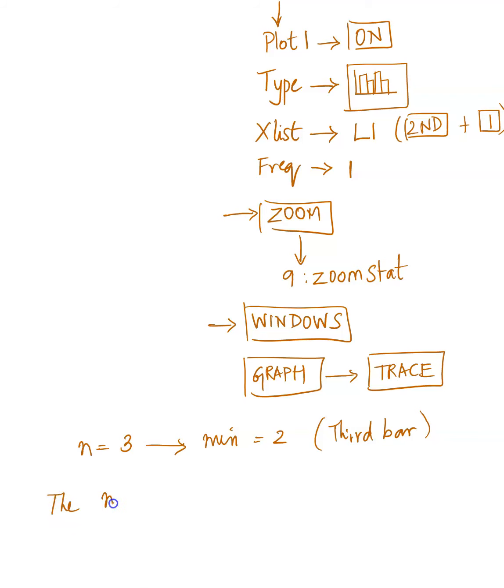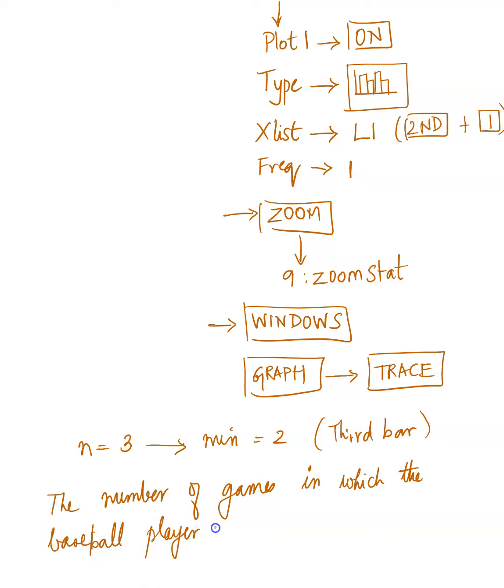So you'll say, the number of games in which, drawing the information right from your question, the baseball player had exactly 2 hits is 3. We got that information from our histogram.